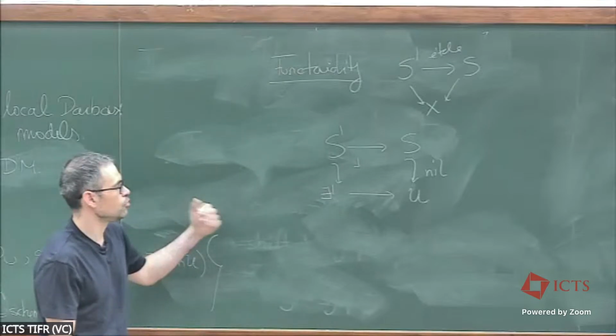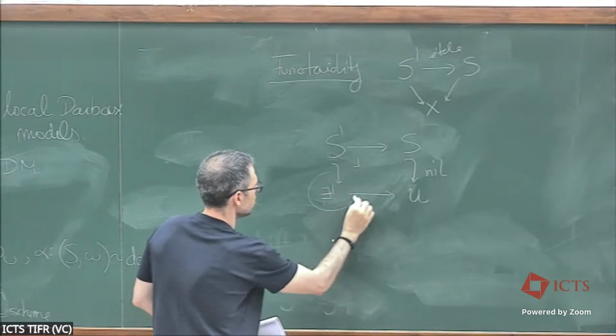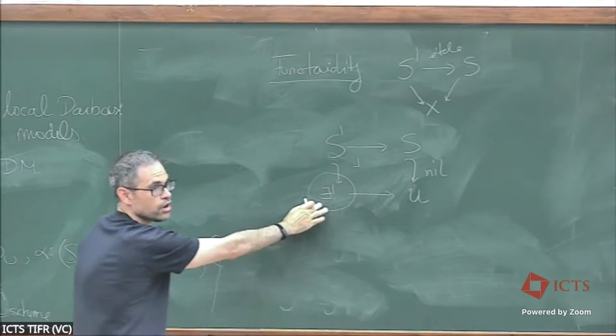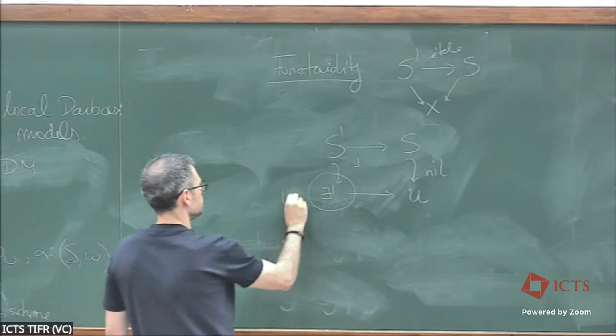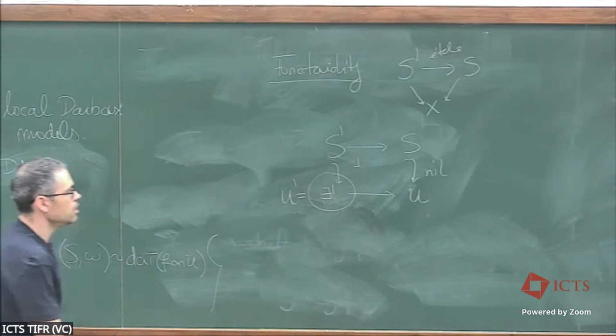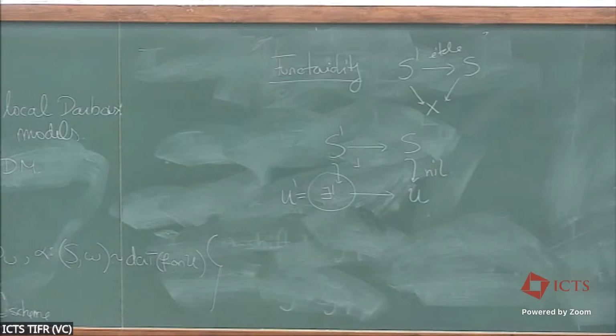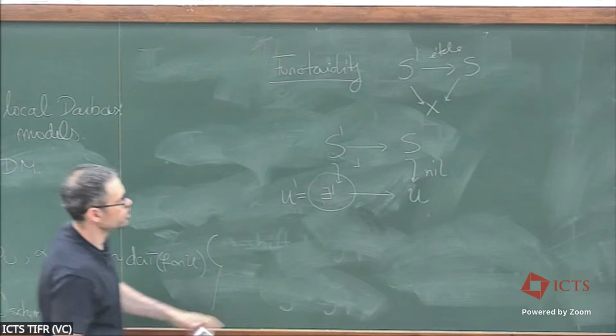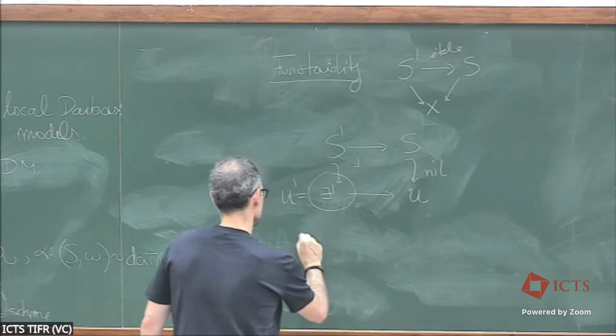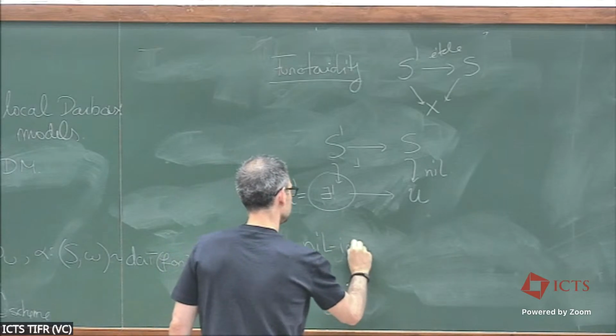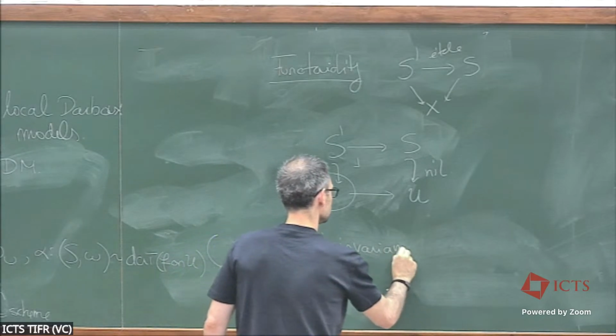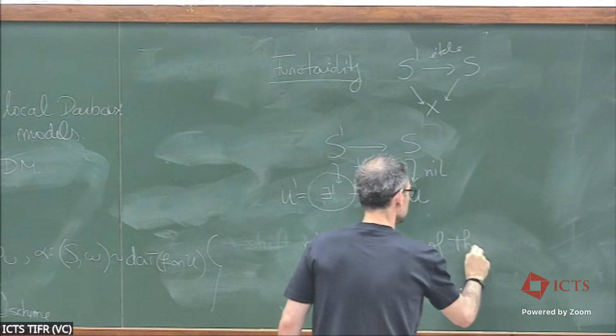This is what functoriality will mean: that there is a canonical way, given U, to construct some U prime. And the reason why we work with formal schemes and nilpotent thickenings is because of the nil invariance of the étale site.